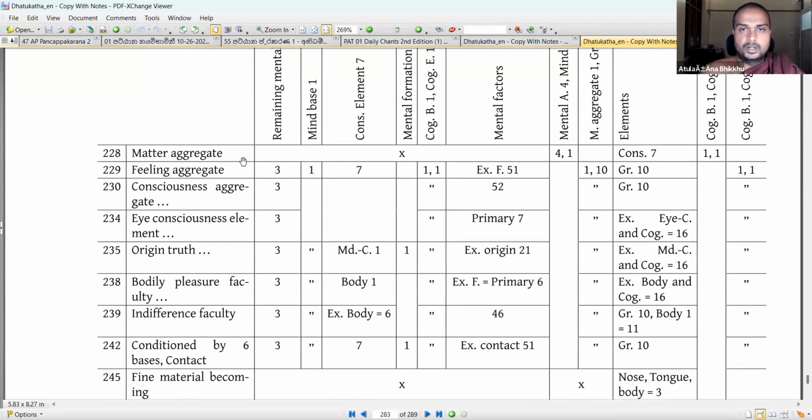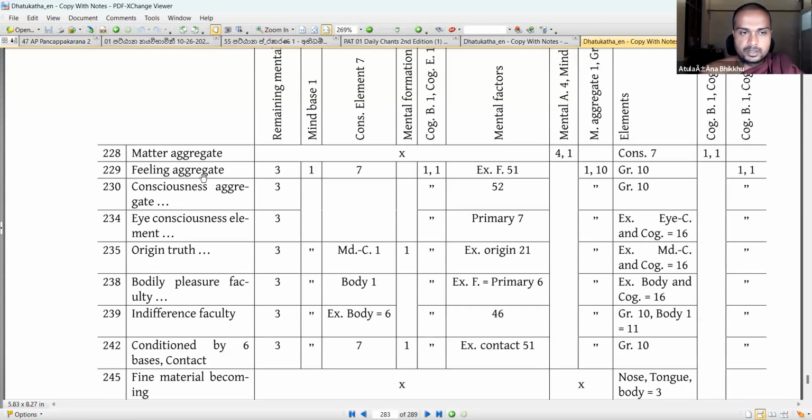At the moment, while we are explaining the partial association and partial dissociation, the first one, the matter aggregate, we completed already, and the next one, the feeling aggregate, we also completed, and the third one, the consciousness aggregate.